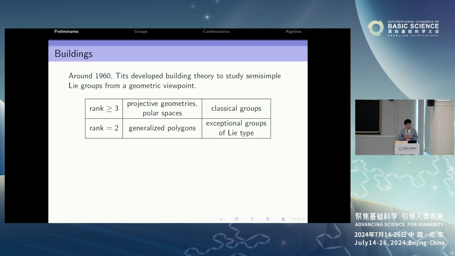But when the rank is 2, they are also called generalized polygons. The automorphism groups of classical generalized polygons are groups of Lie type. But there are non-classical generalized polygons.